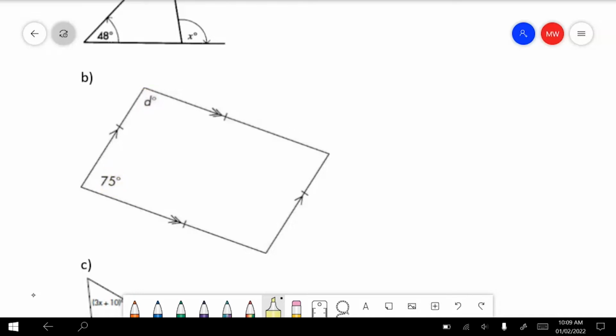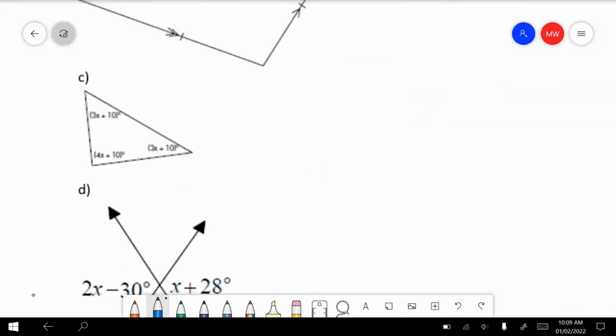So in this case, D plus 75 will give me 180. And then all I need to do is just use the balance method. So I'll subtract 75 from both sides, and I'll be left with D is 105 degrees.